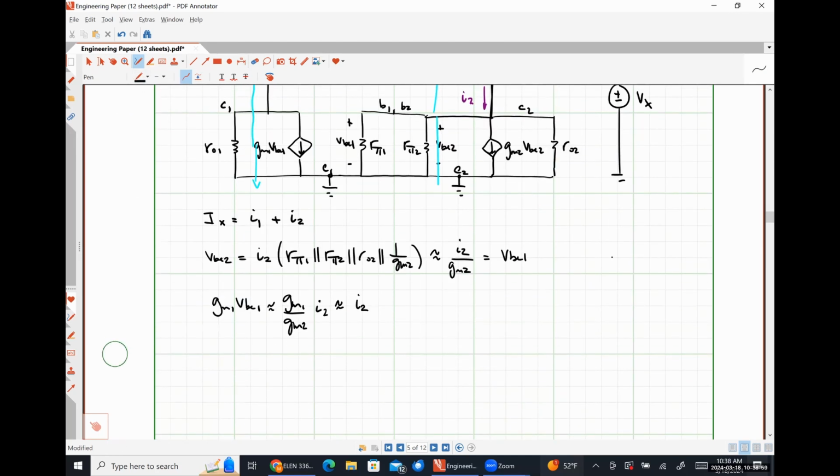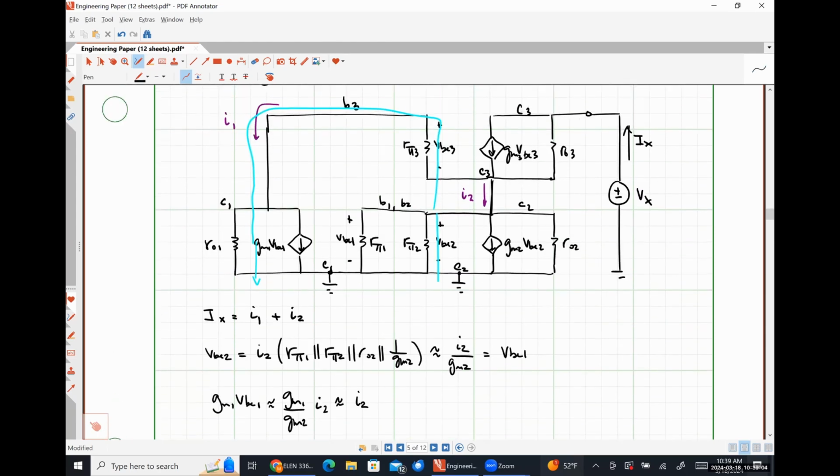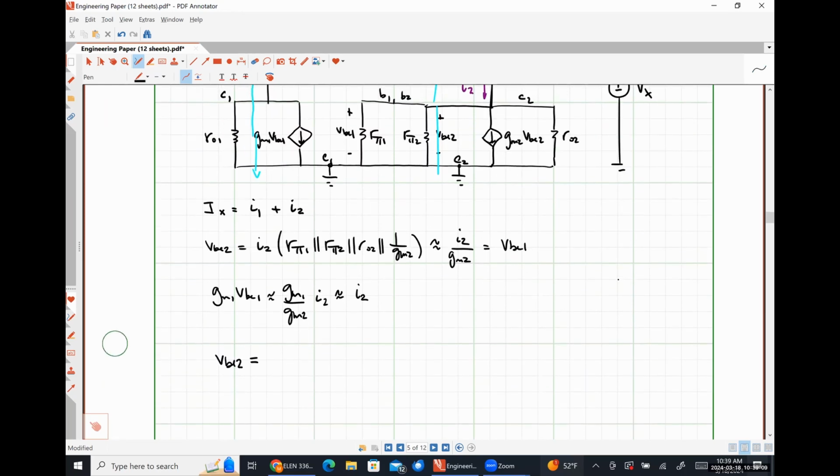So I have VBE2 is equal to I1 times R pi 3. So that bit makes sense to me.